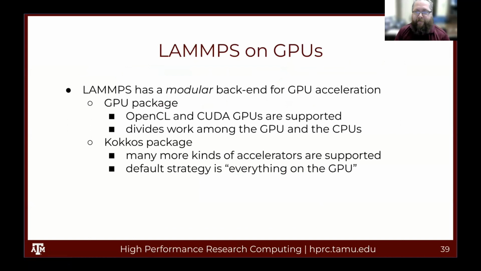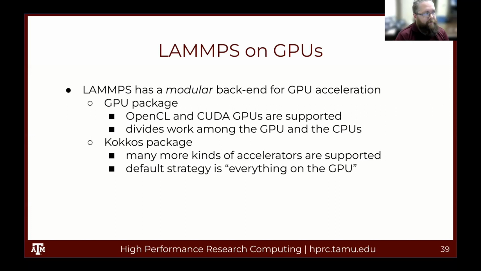So, what is LAMMPS? Has anyone heard of LAMMPS before? LAMMPS is a molecular dynamics simulation engine, and it has a modular backend for GPU acceleration. There are two main LAMMPS packages that serve that purpose. The GPU package uses OpenCL or CUDA to communicate with GPUs, and this package divides work among the GPU and the CPUs.